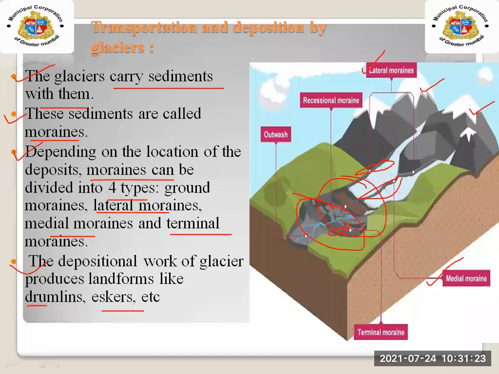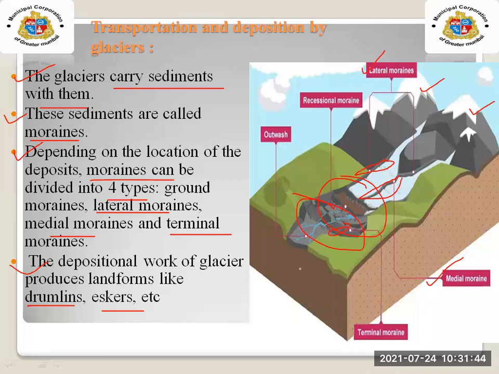We will study this first. Drumlins means hills formed due to the deposition of moraines. They are generally egg shaped. If there are many hills of this type in a region, then such a region is called an egg basket.